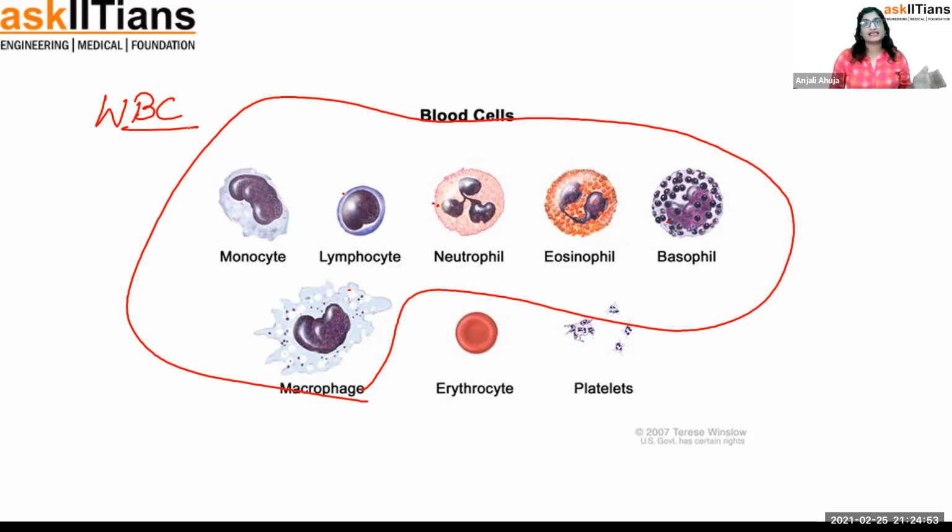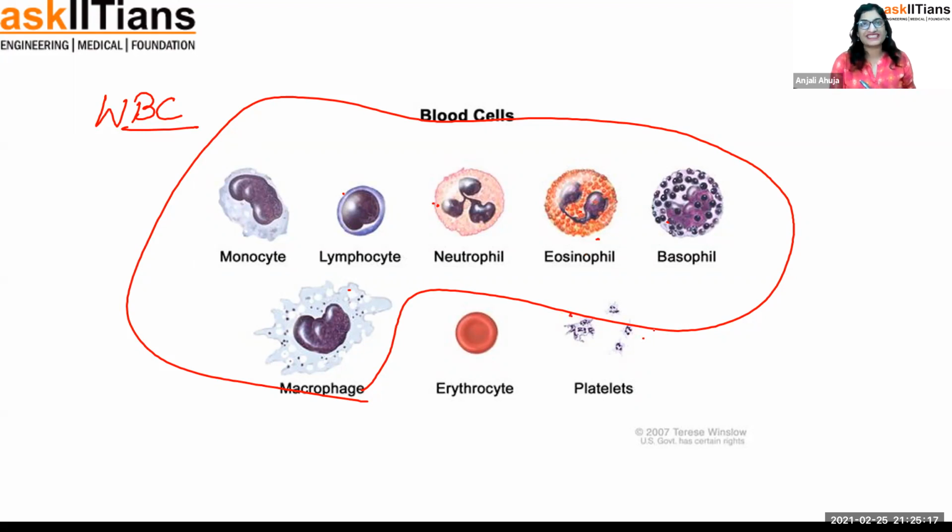It has many cells in it, of different types, and they all are protecting in function. For now, just remember the names. Next are erythrocytes and platelets. Erythrocyte is the red blood cell and platelet is the thrombocyte.